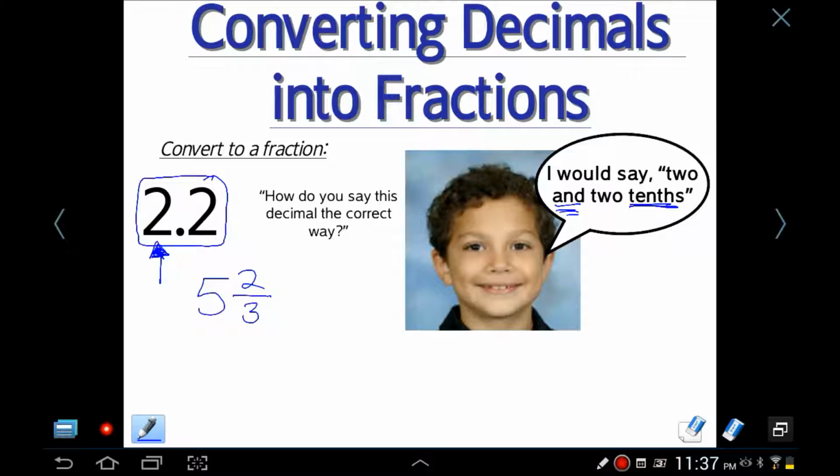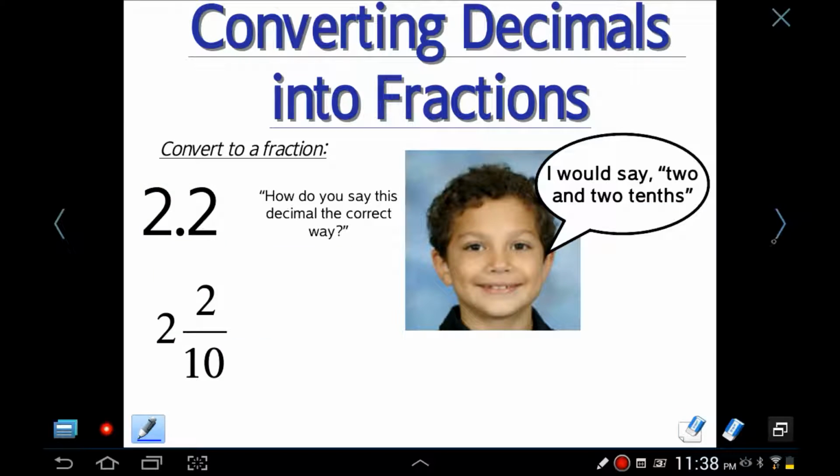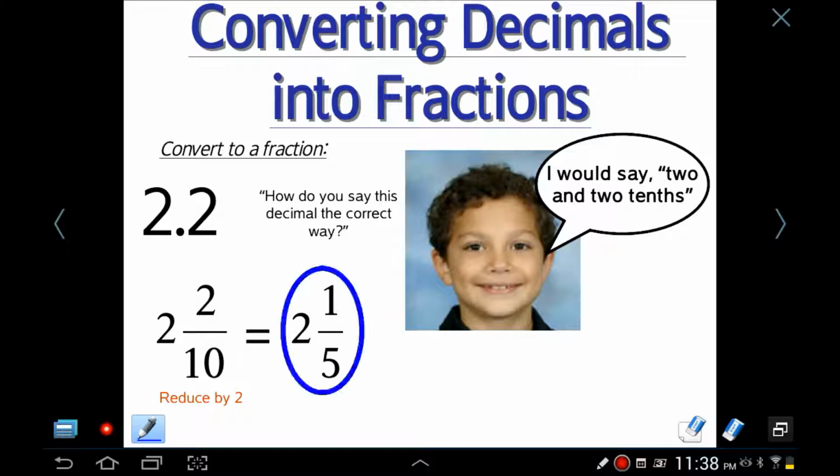Now that's not the correct answer. That's just an example of a mixed number. Or 4 3/5. Those are mixed numbers, so you should expect to get something like that. So 2 2/10 reduced by 2 equals 2 1/5. So nice job there, Jeremy. You got 2 1/5, and there we have it.